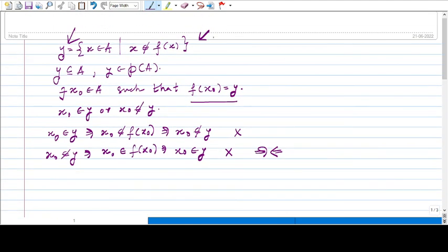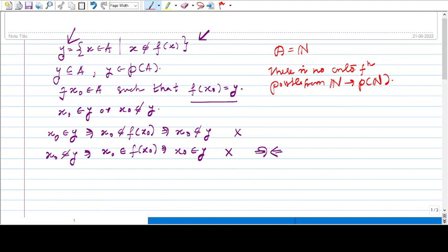So in particular, let me take my A to be the natural numbers. If you take A to be the natural numbers, what can I say? There is no onto function possible from N to the power set of N. That also rules out the possibility of a bijection, because a bijection is an onto function, right?